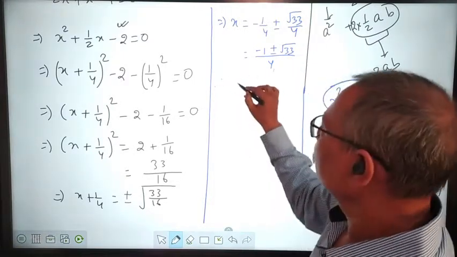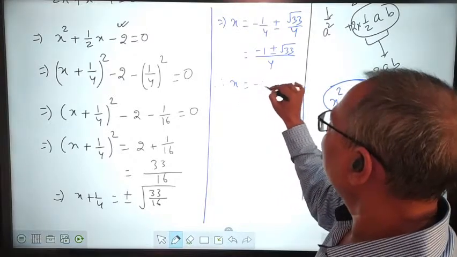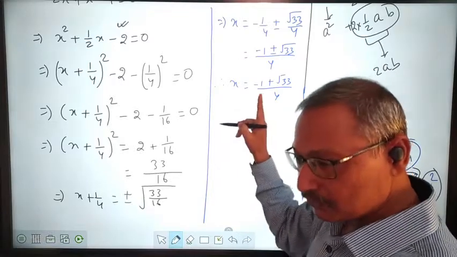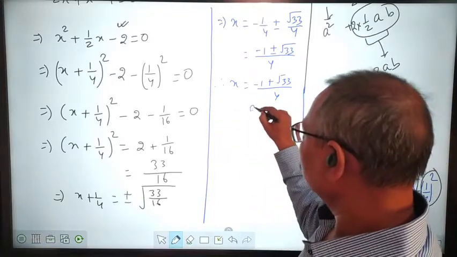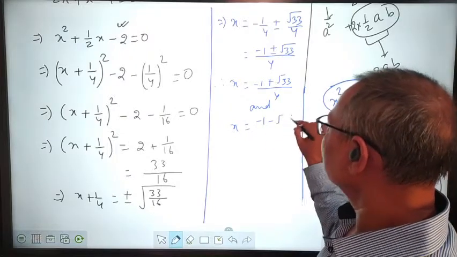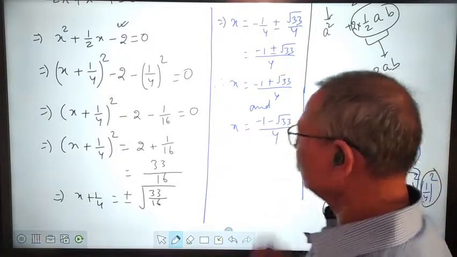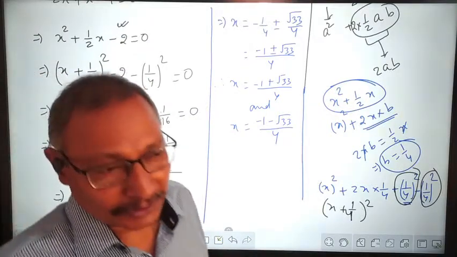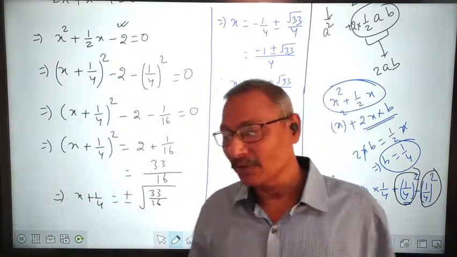These are the roots. So x is equal to minus 1 plus root 33 divided by 4 is the first root, and the second root is x is equal to minus 1 minus root under 33 by 4. So these are the solutions or roots of the quadratic equation using the completing the square method.